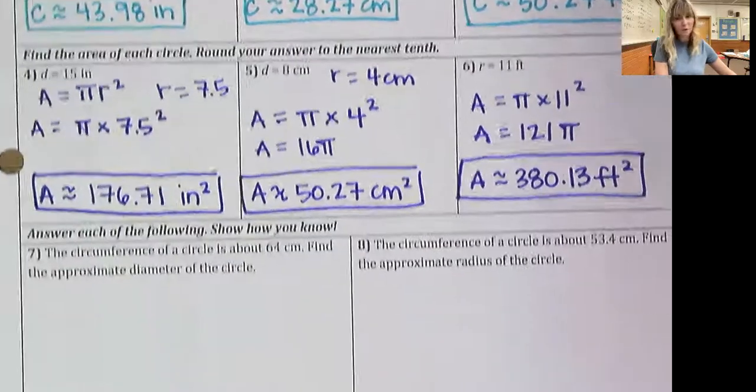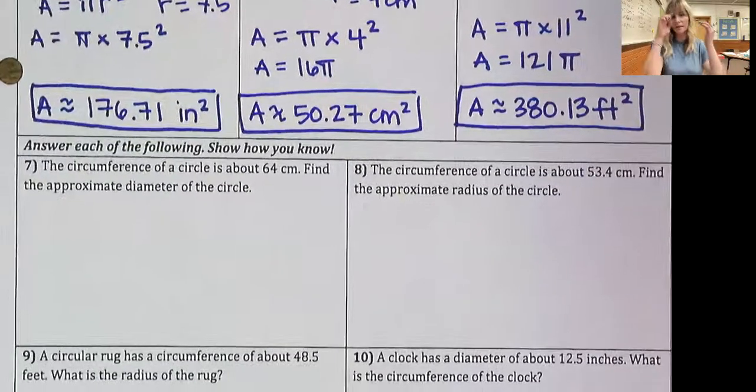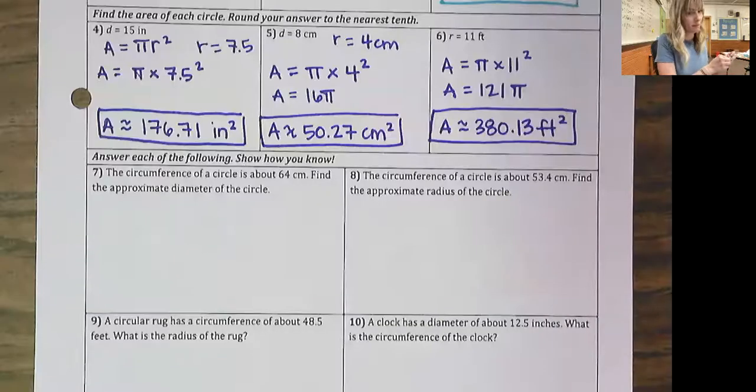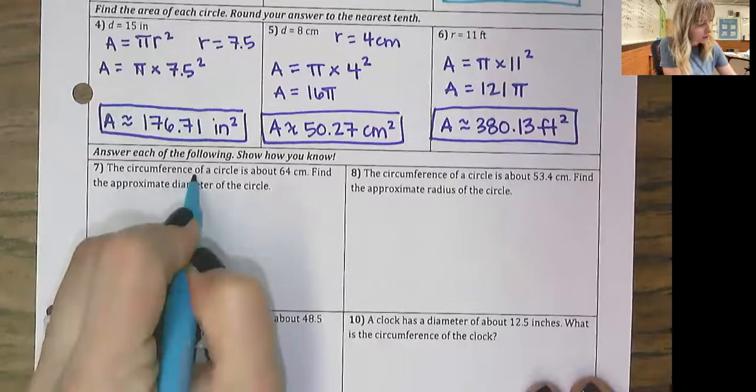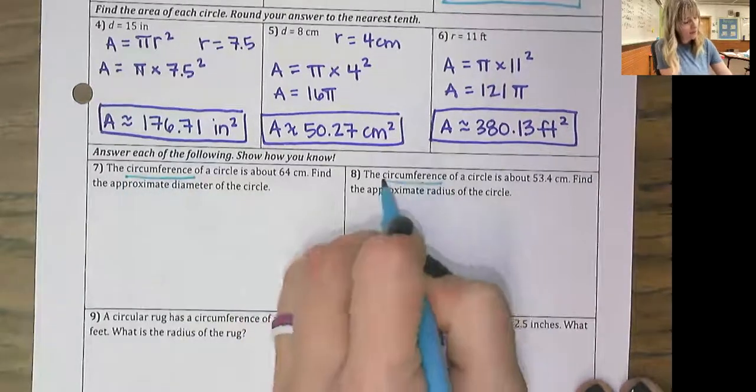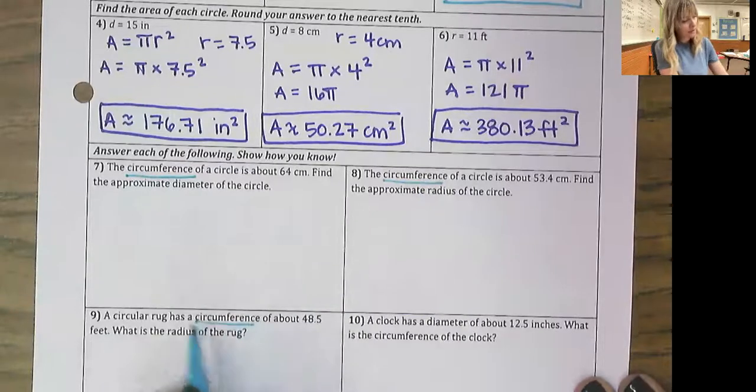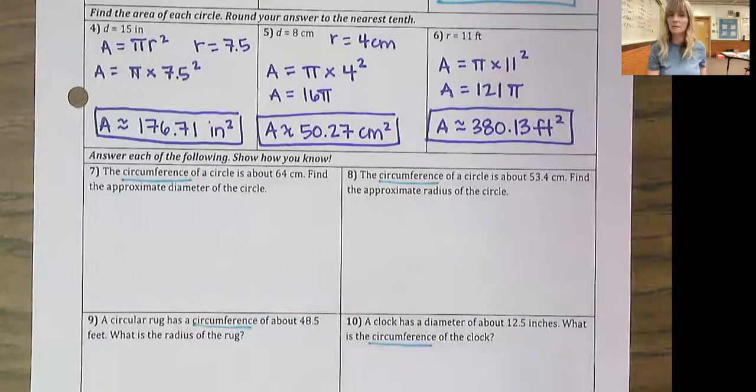We also have to be able to read these word problems and understand what they're asking us for. So let's give these a try. First thing I see is actually a key word in all of these. This is an important review. We need more of these examples. Circumference, circumference, circumference, circumference. These are all circumference questions.